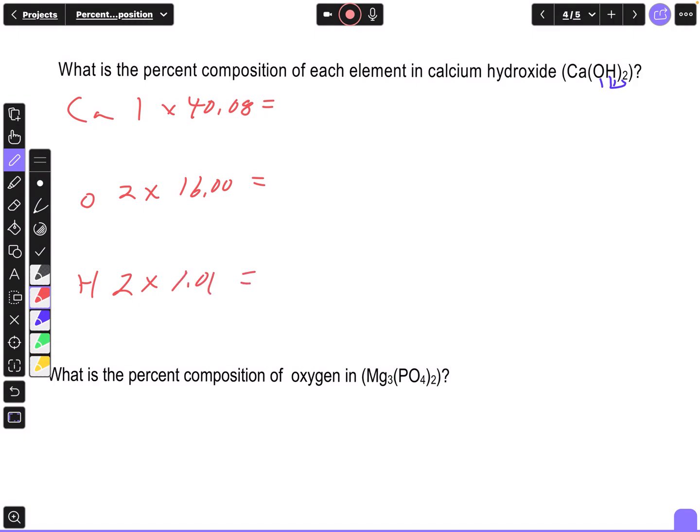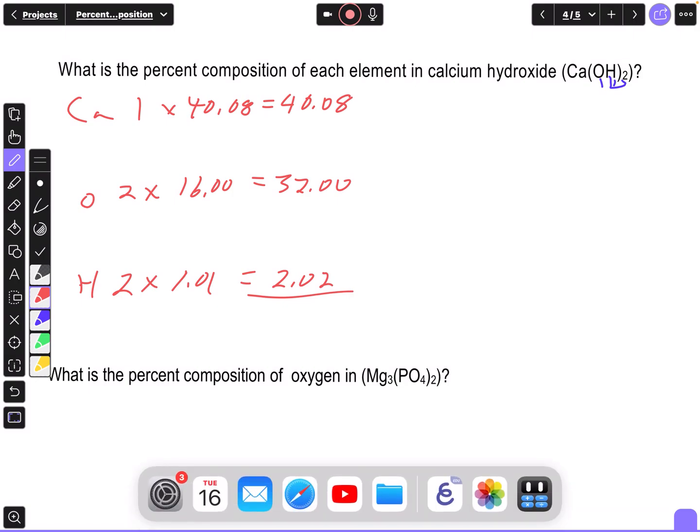So I multiply these out. 1 times 40.08 is 40.08. 2 times 16 is 32.00. And 2 times 1.01 is 2.02. I'm going to add all these up to get my molar mass.